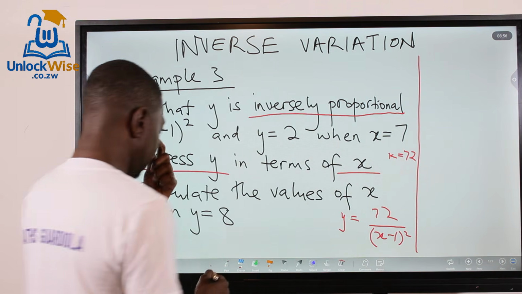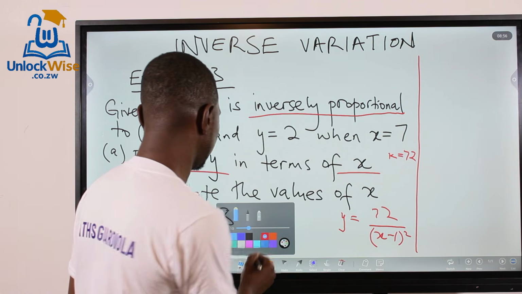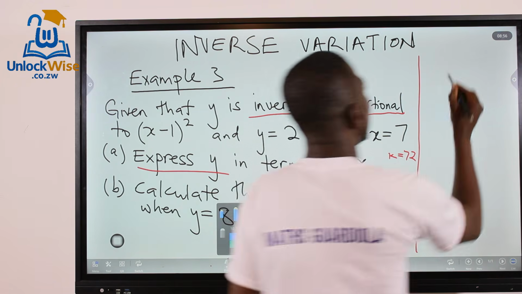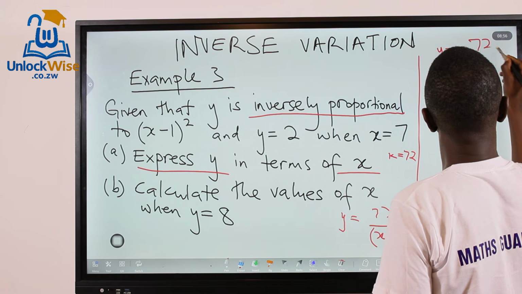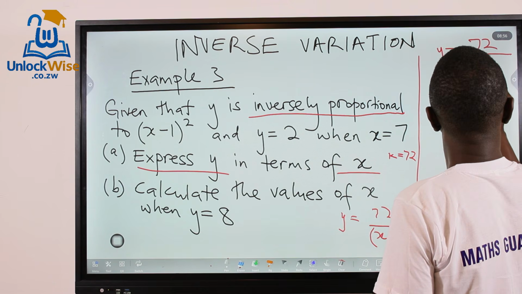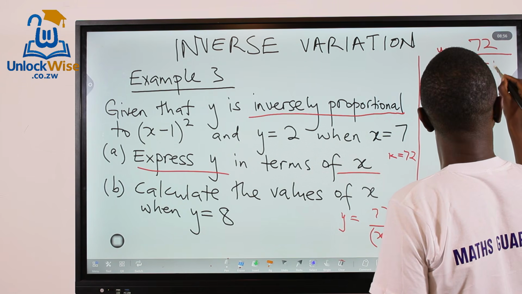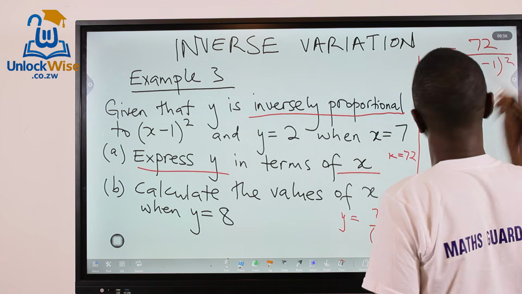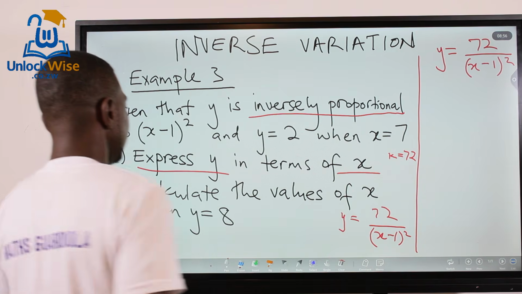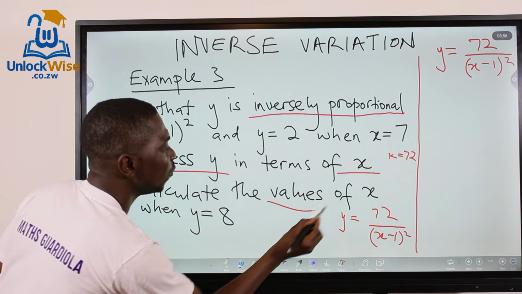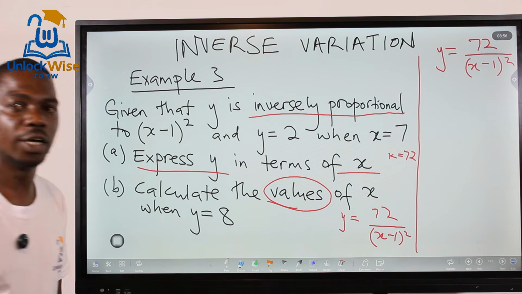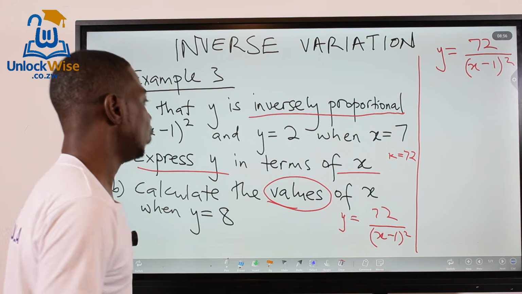Okay. So y is equals to 72 over x minus 1 squared. And we want to calculate the values actually. Values. Take note of this word. Values means we are going to have two values.